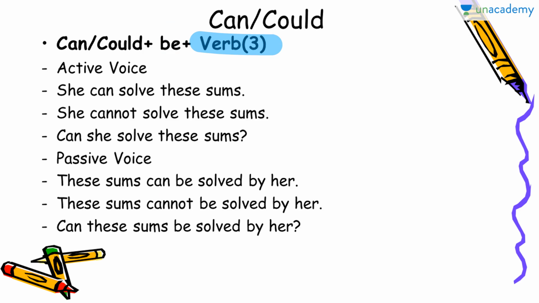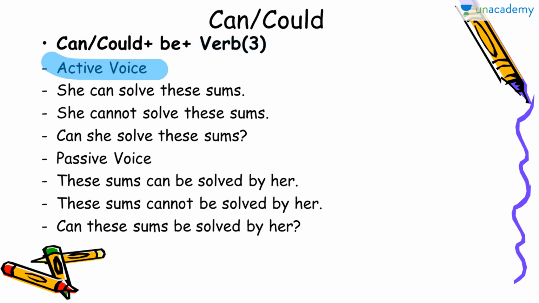So in active voice, if we have can, it remains the same can in passive. If we have could, then it remains the same could in passive voice and active voice both. So this is something we need to always keep in our mind. Be is the word which is added for passive, and the verb is changed into its third form, which is the past participle form. Let's understand this with examples.